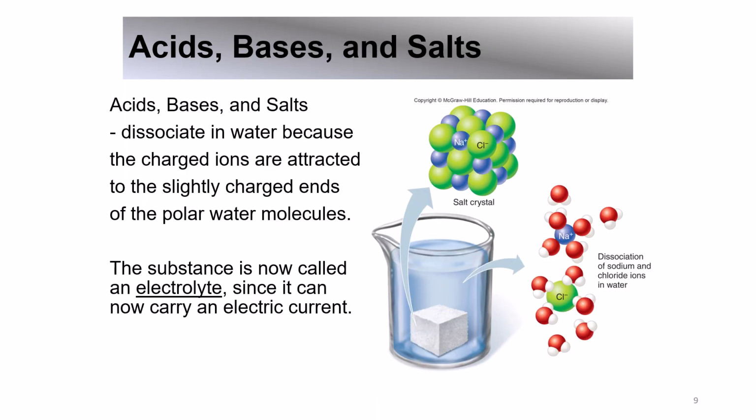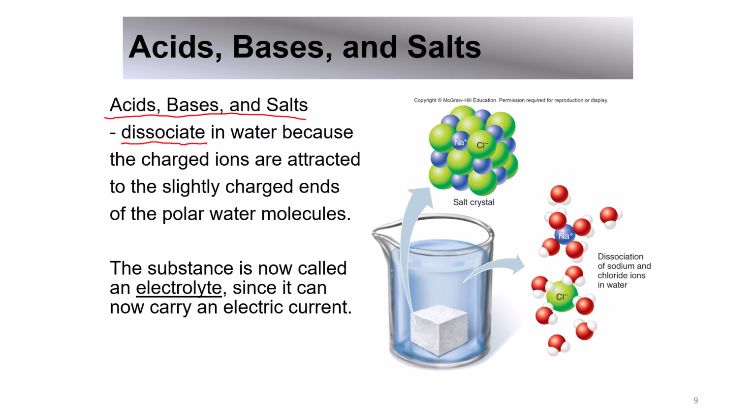Next, a little bit about acids, bases, and salts. When these are put into water, they end up separating into their individual parts. So separating into their individual parts is also called dissociation, dissociate.